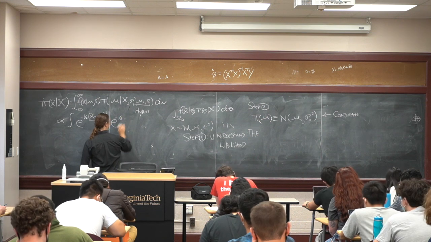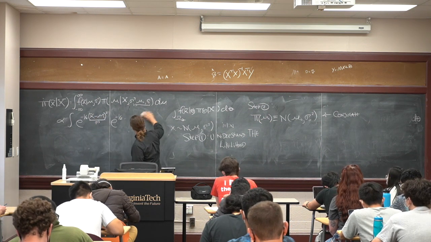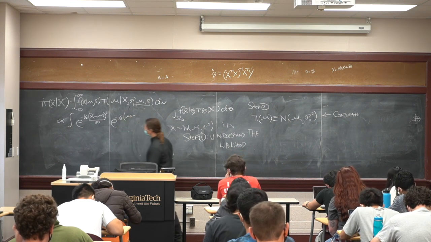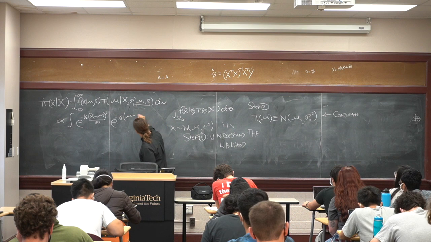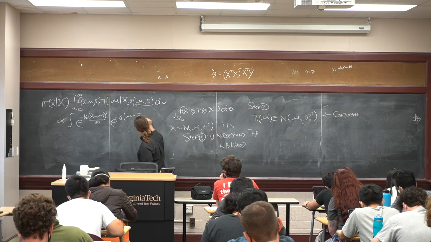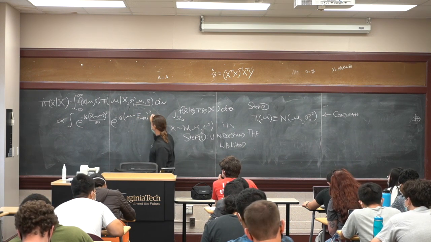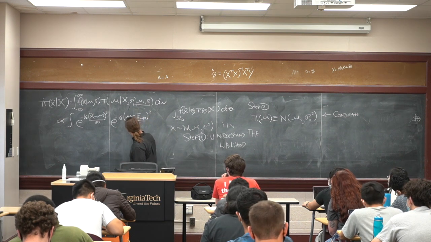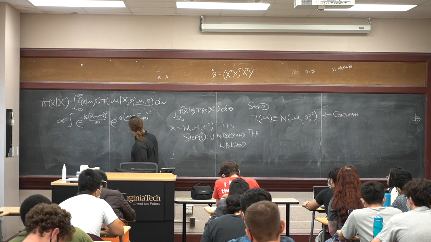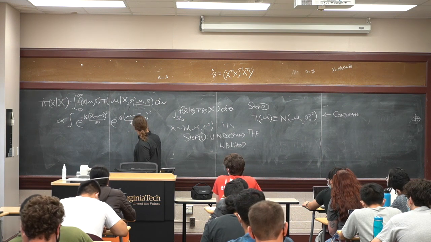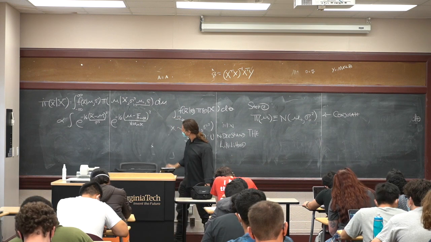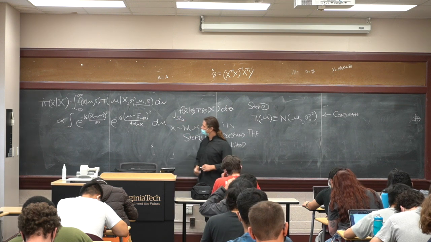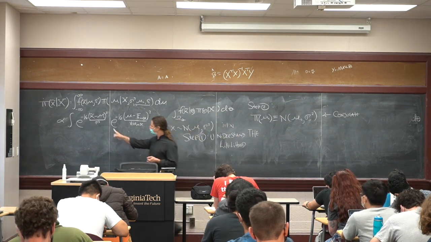And I need to recognize what those parameters are. This is going to be mu minus, and I'm just going to write down some notation for these. This is going to be my expectation of mu given x. I need to find what that is. This is going to be divided by my variance of mu given x, d mu. Do I need a variance term in here?